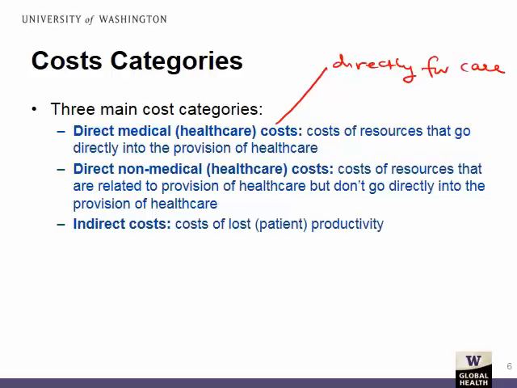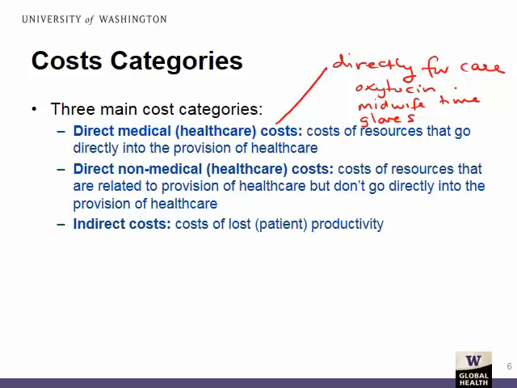So as an example, if a woman came to the maternity suite to deliver, you would consider things like medicine, oxytocin, to be a direct medical cost, midwife time to be a direct medical cost, and maybe you would have something like gloves to perform the delivery. These would be direct medical costs.